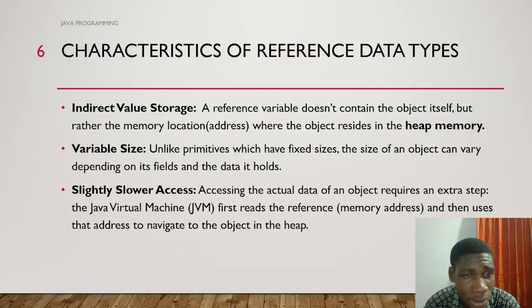And then slightly slower access. Accessing the actual data of an object requires an extra step, as the Java virtual machine first reads the reference, or the memory address, and then uses the address to navigate to the object in the heap.